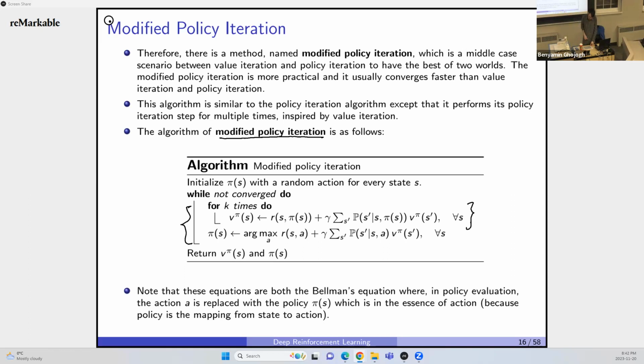In practice, we have seen that it works better and faster. It converges faster. Here, the action in the policy evaluation is replaced with the policy, because I'm evaluating the policy in the Bellman equation, right?